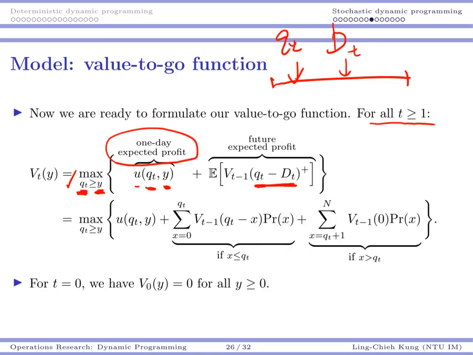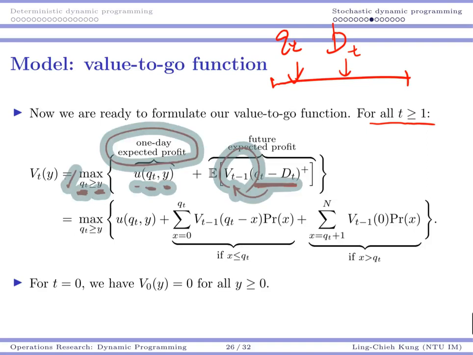If that number is positive, then it's something you have for the future. If it is 0 or negative, then you have unmet demand. They go away. So at the end of this period, you have nothing. Your next period initial inventory will become 0. So this is an expectation function.